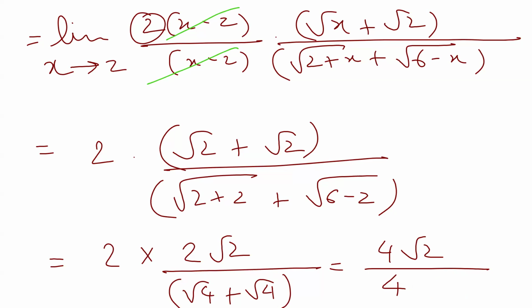So 4 and 4 get cancelled. The answer will be root 2. This completes today's session.